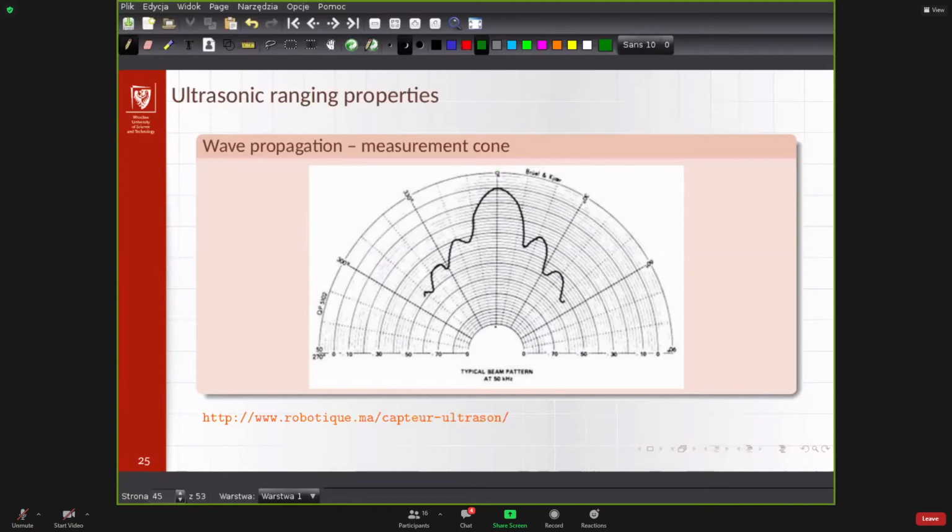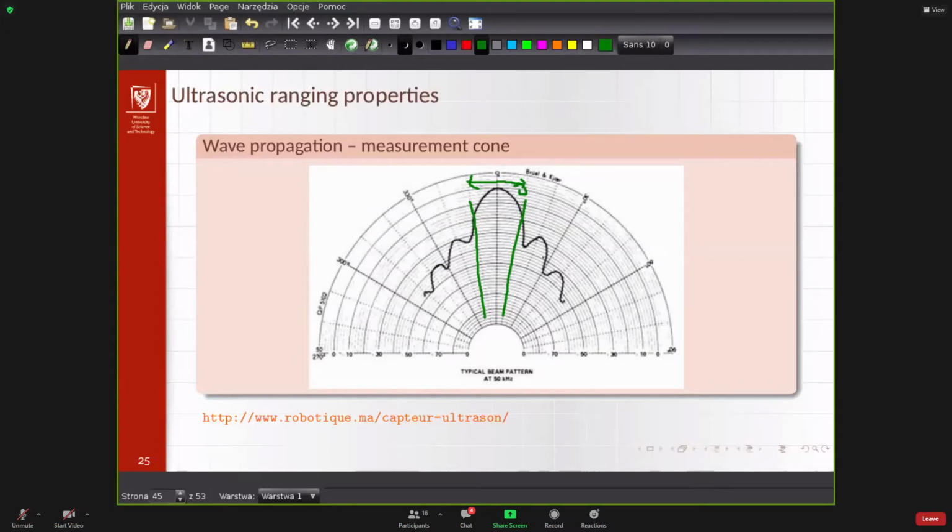So in the direction where the sensor is oriented, you get the higher energy, but also, until these values, which is like a 20 degrees angle, the energy is quite high. So in fact, any object that appears in this cone will be detected when it reflects. So not only in the center of the beam, but also to the sides.